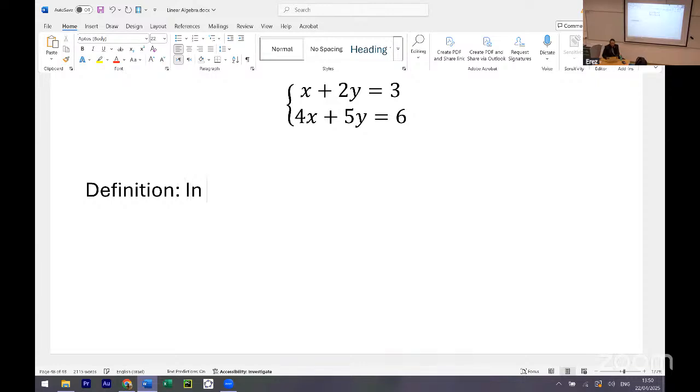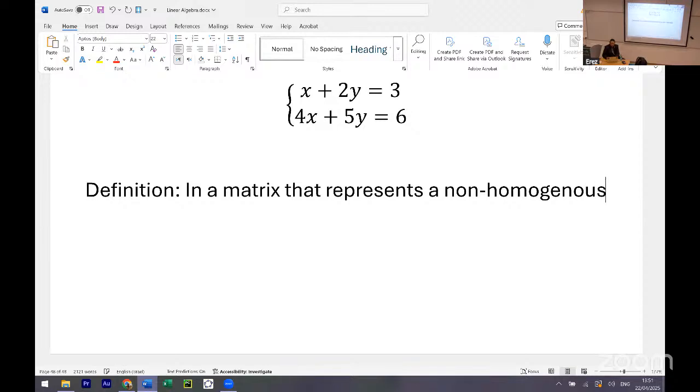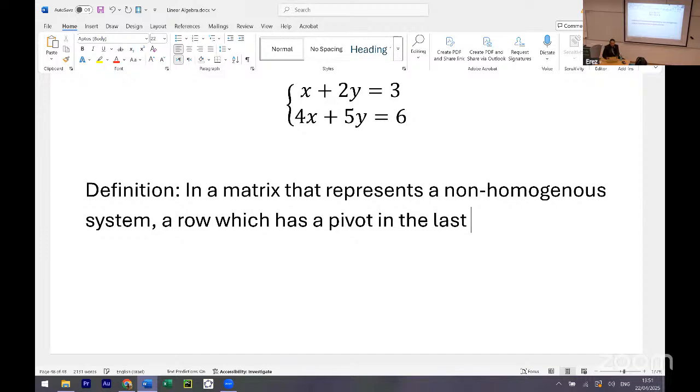In a matrix that represents a non-homogeneous system, this is very specific to matrices when they represent a non-homogeneous system, a row which has a pivot in the last column is called a contradiction.